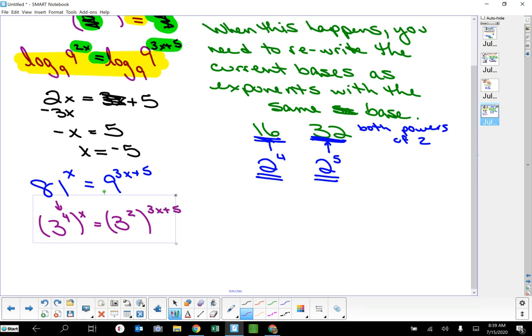What's handy here is to know what to do with these multipliers. So we can leave off the base 3s, and I get 4 times x, so 4x equals 2 times 3x plus 5.